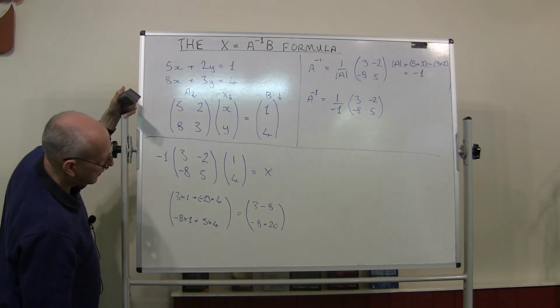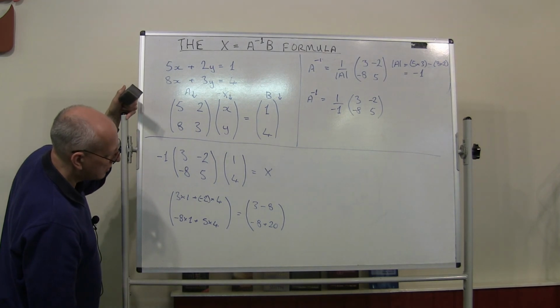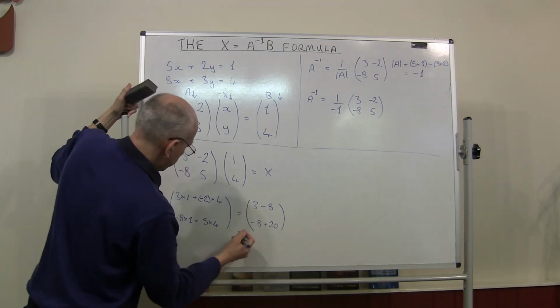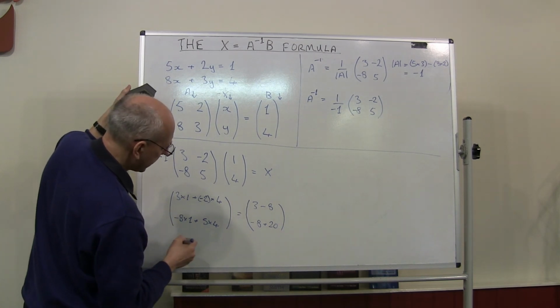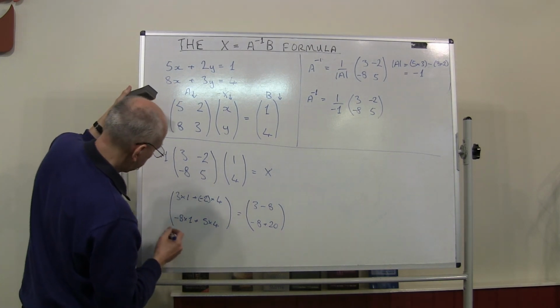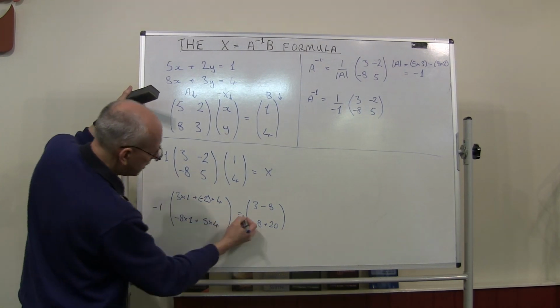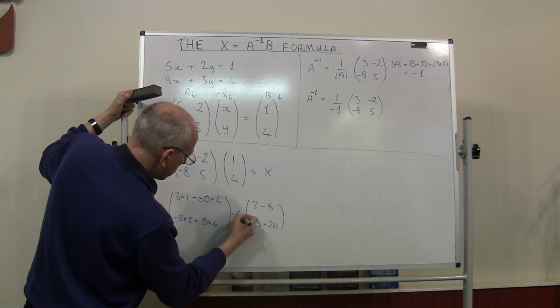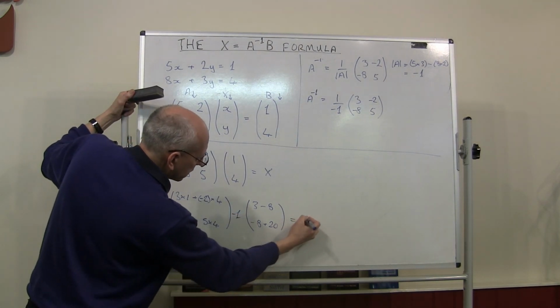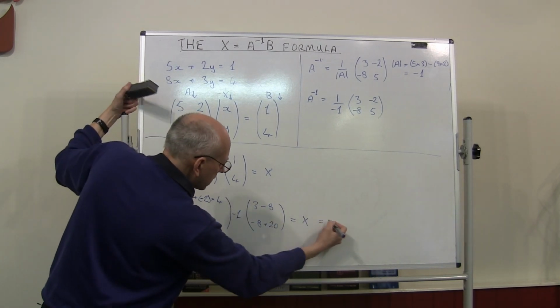Okay. Which is x. There's a minus 1 in front of that, don't forget. To multiply in, let's put that minus 1. Minus 1 times that would equal x.